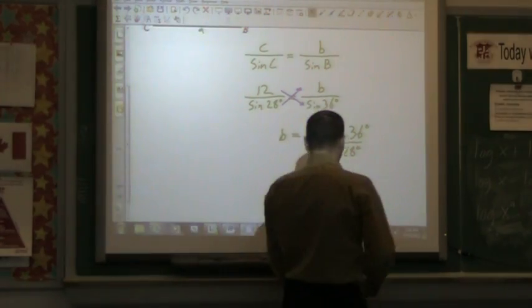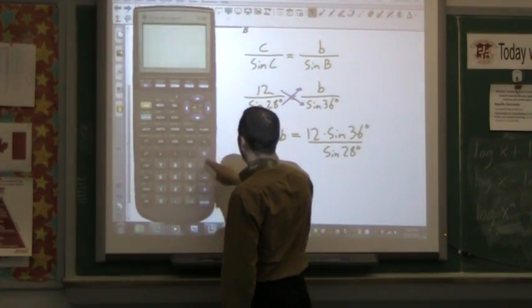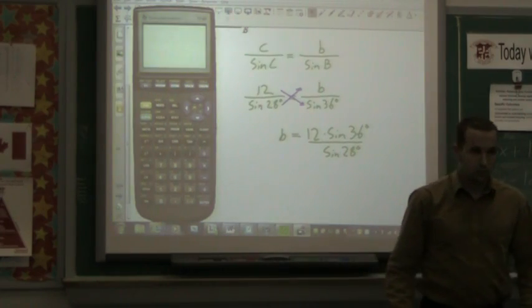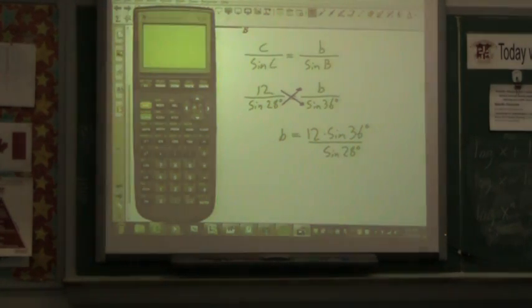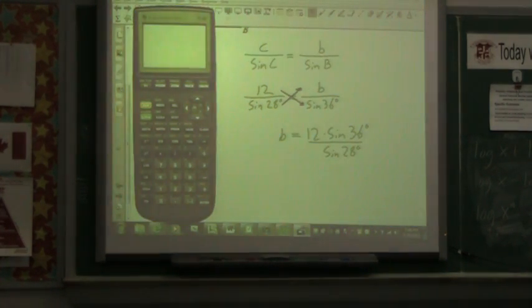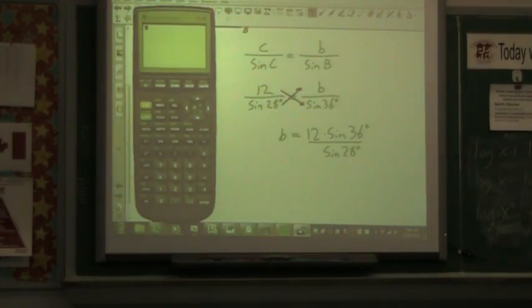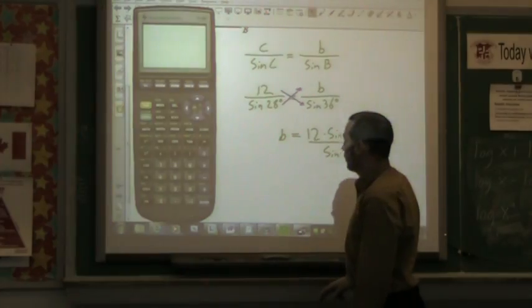I have to turn my calculator on from my computer for some reason, even if I hit the on button here. It doesn't turn on until I turn it on from my computer. There you go, the calculator's on.